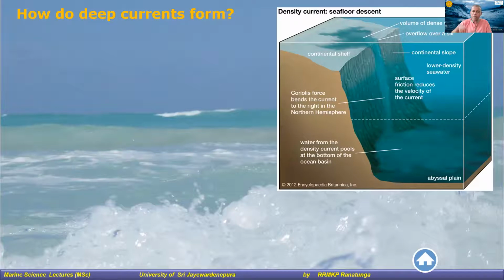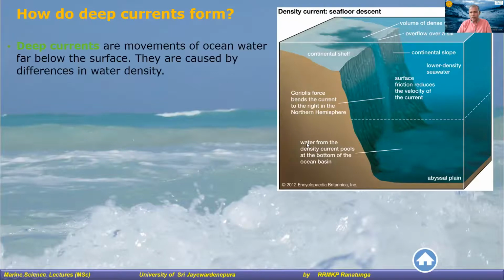Especially there will be a vertical movement from top to bottom or bottom to top, as you would see in this image on your right. Some water can move because of changes in density, maybe due to a salinity increase or a lowering of temperature.